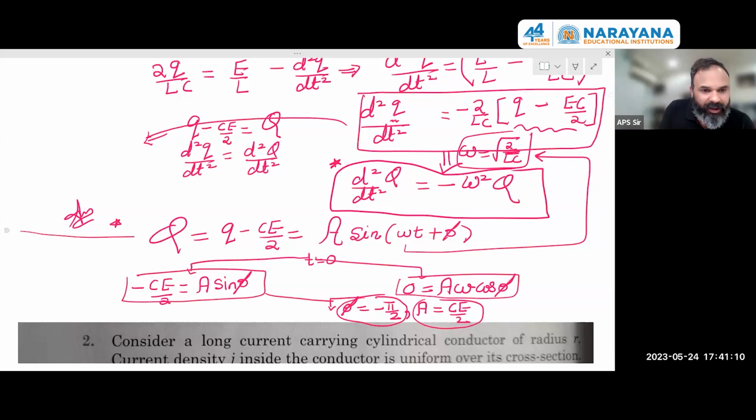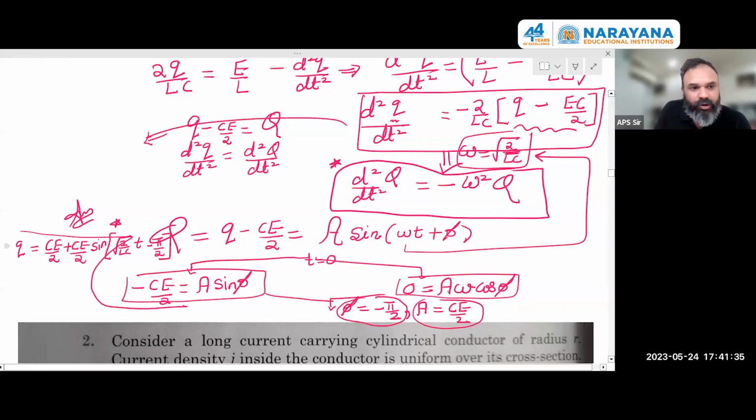My interest was small q. So small q as a function of time is CE by 2 plus A sine omega t plus phi, that is CE by 2 sine of root of 2 by LC into t plus phi, and phi is minus pi by 2.